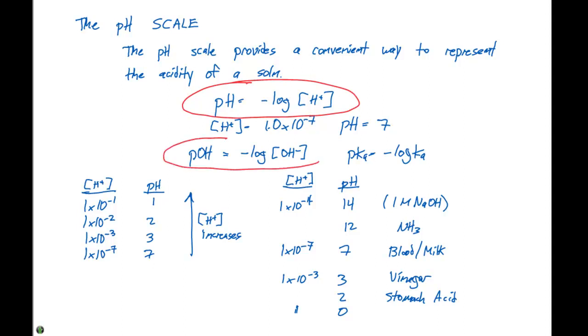The pOH is going to be the negative log of the OH minus concentration, and the pKa is going to be the negative log of the Ka. And we're going to be using all three of these equations throughout the rest of this section to determine various concentrations and acid-base strength, and it's going to serve us a wide variety of purposes to use these particular quantities.